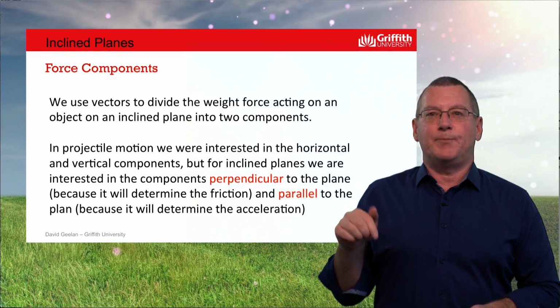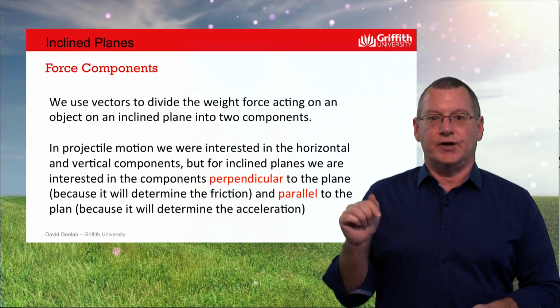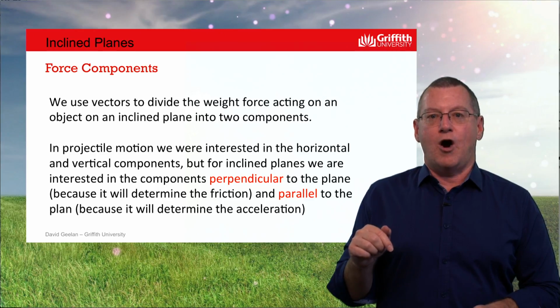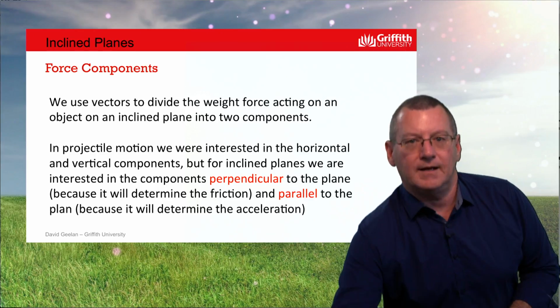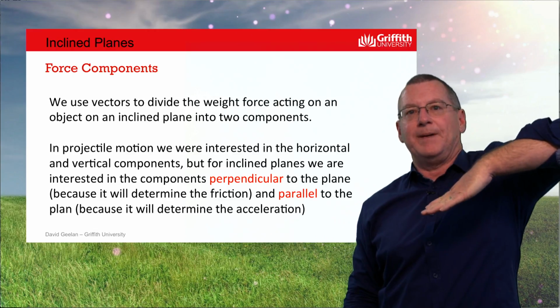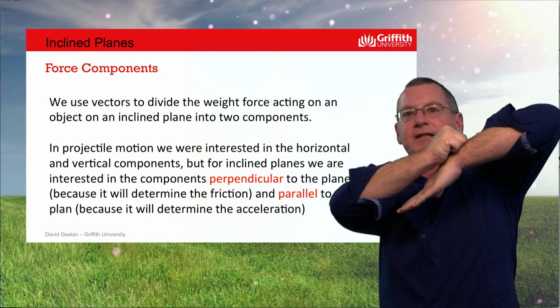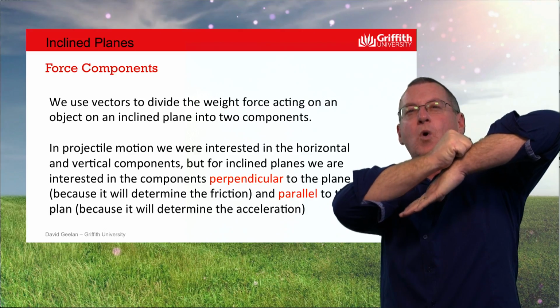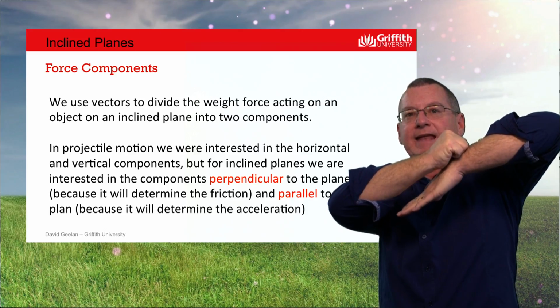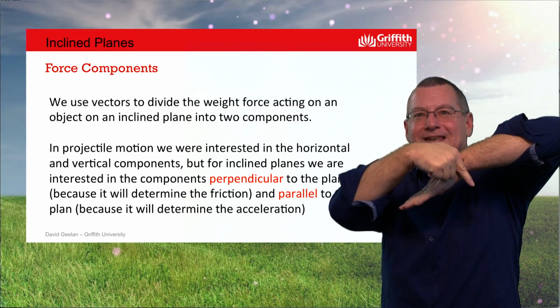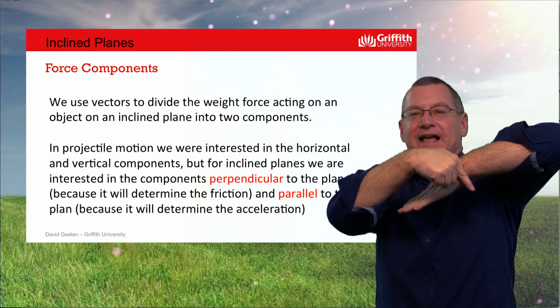Why? Because the perpendicular one is going to determine the friction. If this is my plane and I've got an object sitting on the plane, the force that's going to cause the friction to stop it sliding is the force of this object on the plane in this direction, perpendicular to the plane.